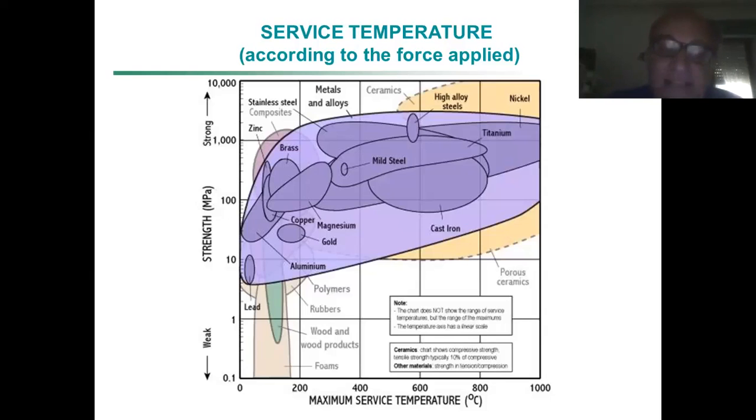On the other side, an ideal material would be worthless because, for example, this graph on service temperature is according to the force applied. If you apply a tensile force, if you apply a compressive force, if you apply, in many cases, a bending force, then the material gives its best.